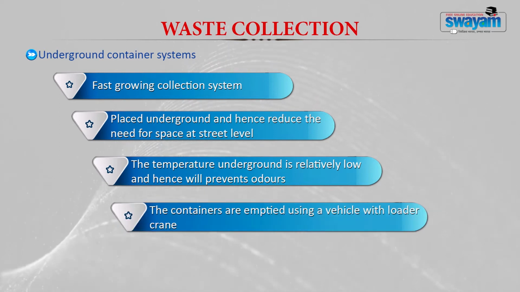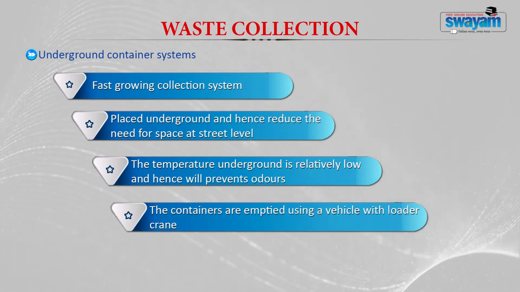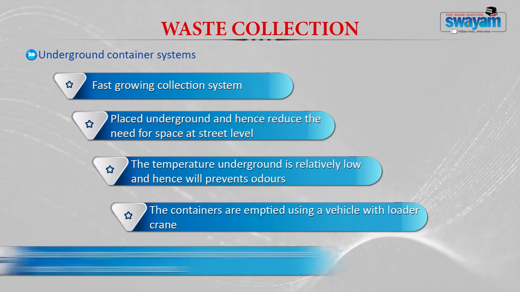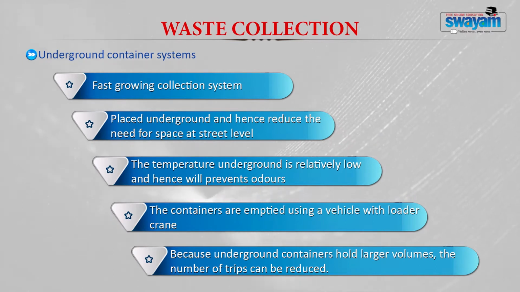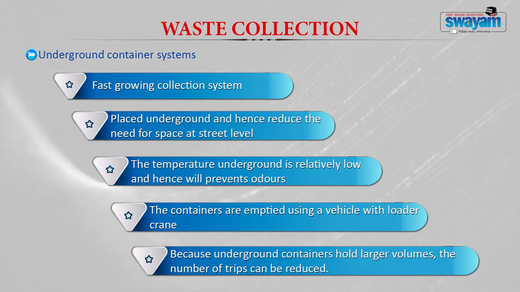The containers will then be emptied using a vehicle with a loader crane. Since the underground containers hold a large volume, the number of trips can also be reduced, which is not the case with storage bins placed in the curbside, alleys or parkways.